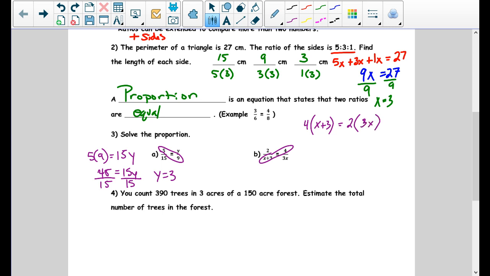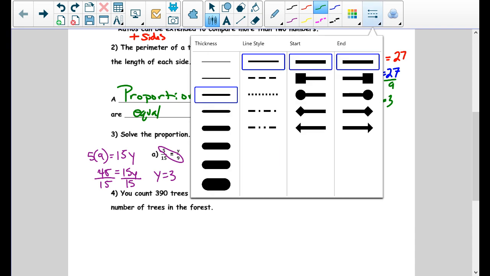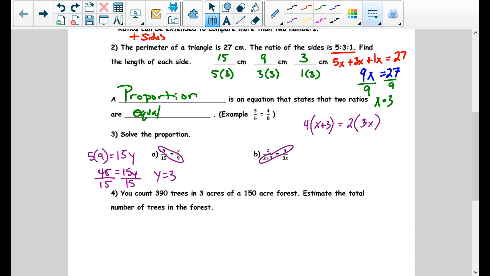Again, you're going to need to write these out. How do I multiply 4 times x plus 3? Distribute. So 4 times x, 4x, 4 times 3, 12, and 2 times 3x gives me 6x.